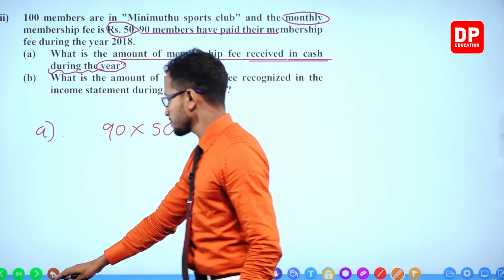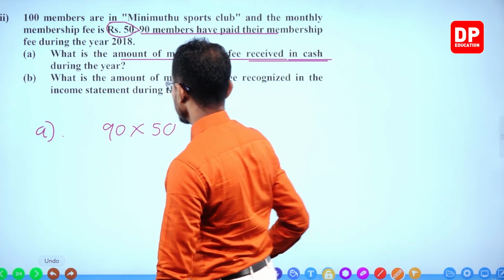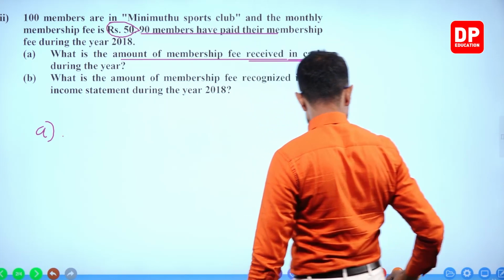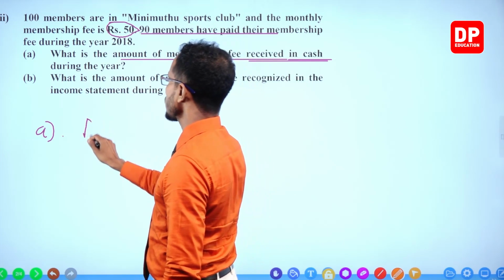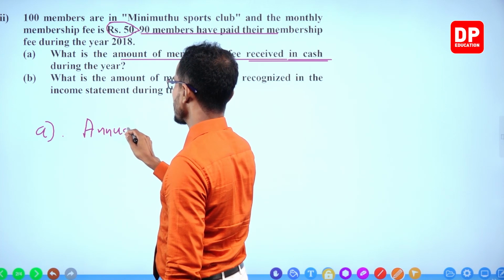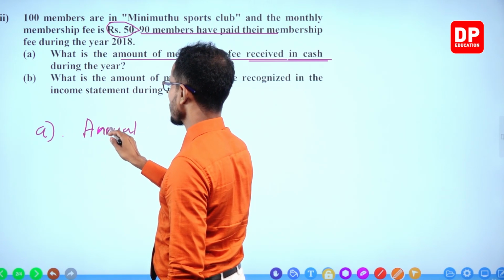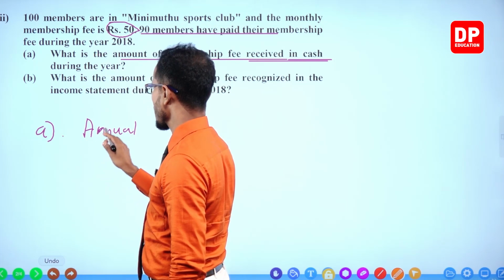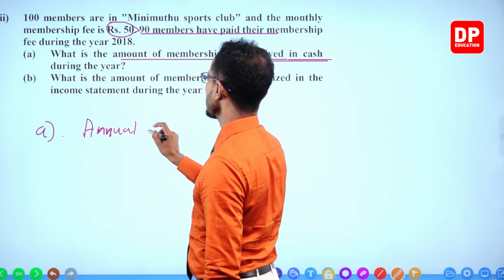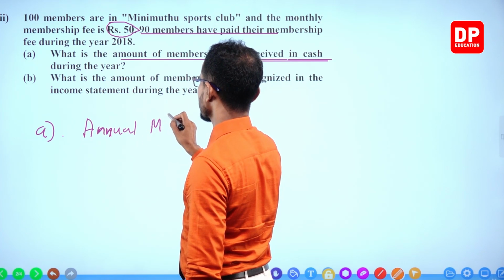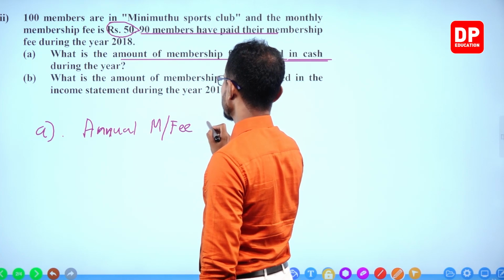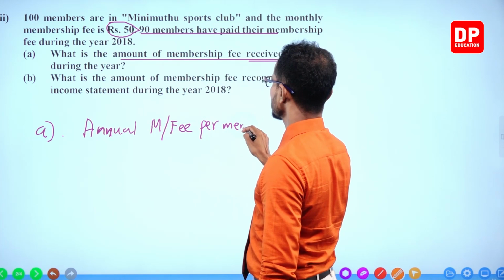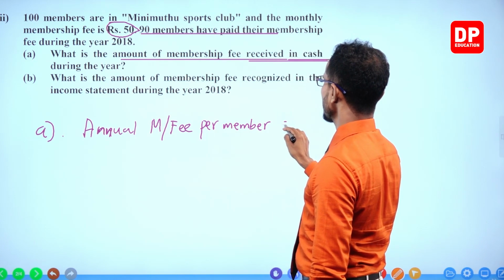What you should do is first calculate annual membership fee per member.